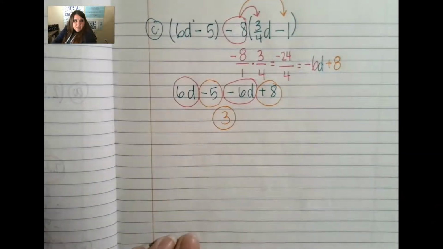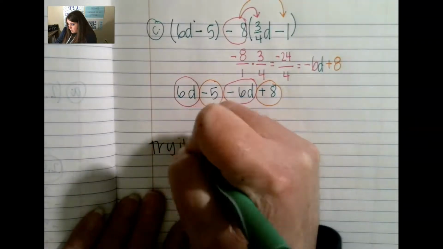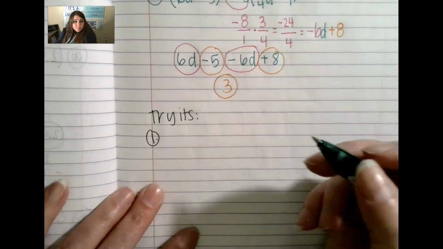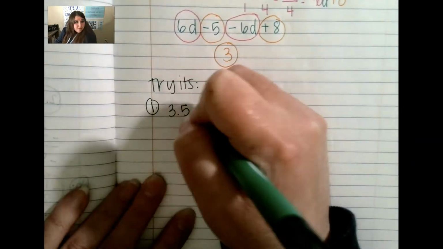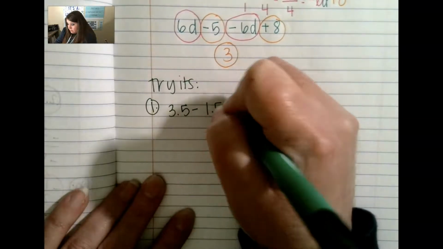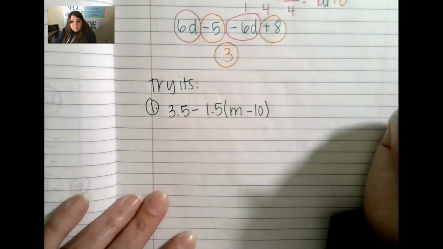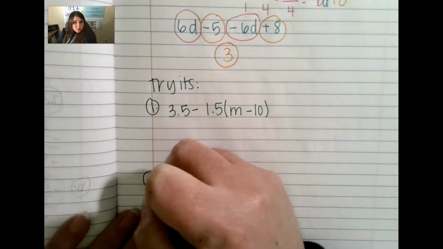All right, it is your turn now to do a try it or two. So here are your try its. All right, try it number 1. We have some more decimals here. 3.5 minus 1.5 times m minus 10. And try it number 2.